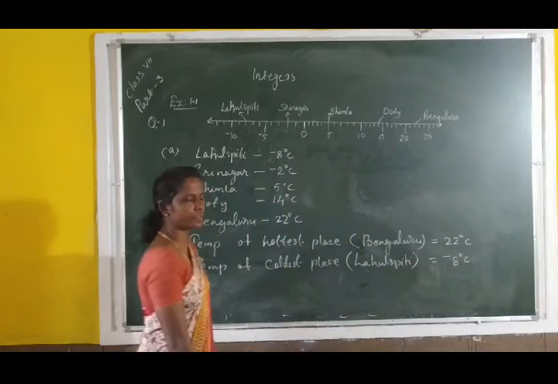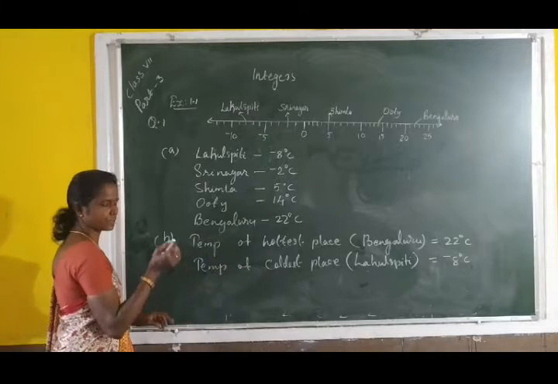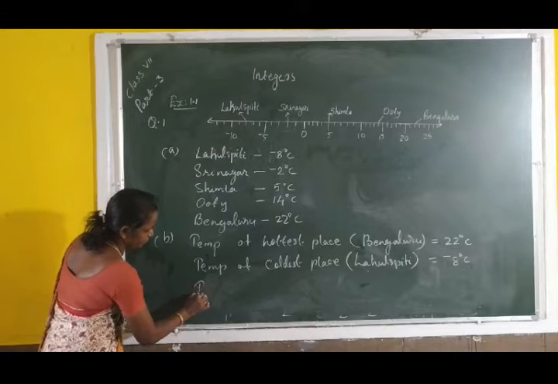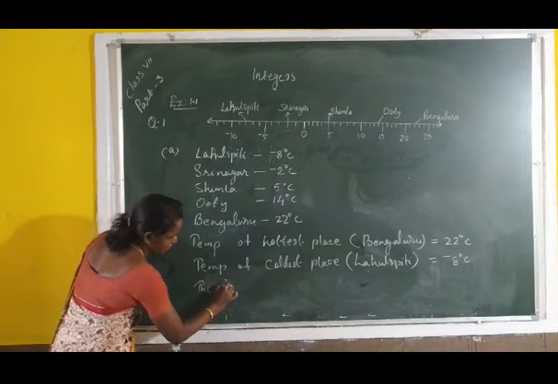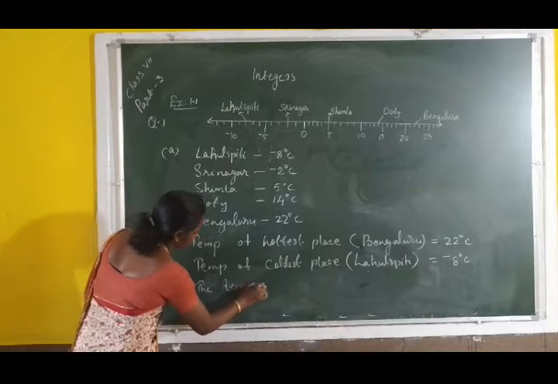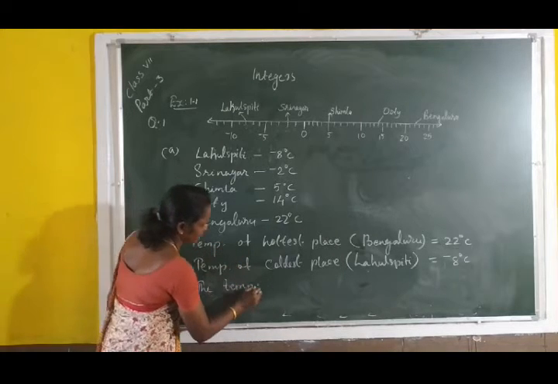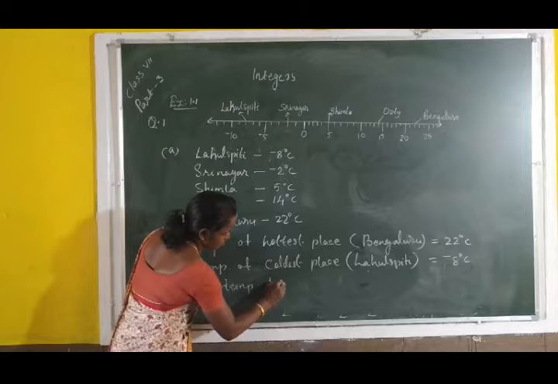Celsius. The temperature difference between the hottest place and the coldest place.